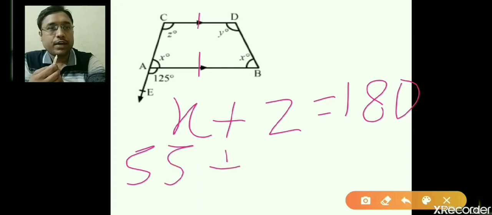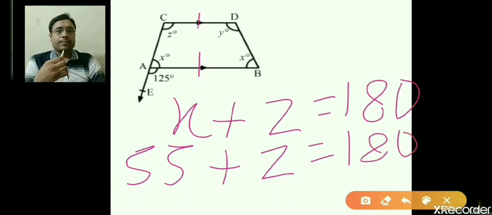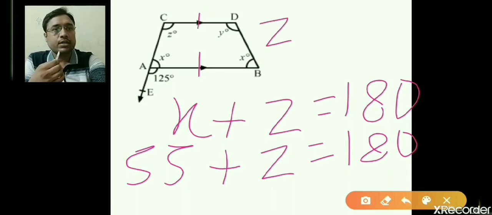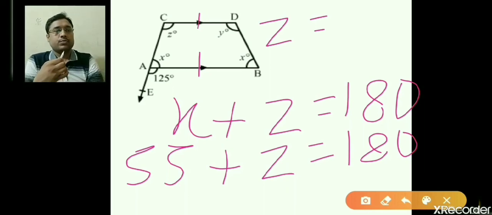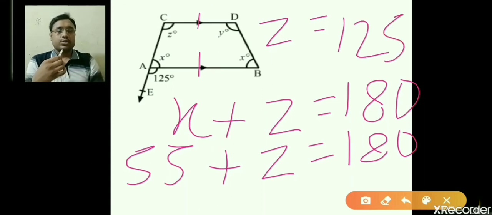So 55 plus z equals 180 degrees, because x and z are consecutive interior angles. So the z value you will get is 180 minus 55, which is 125.